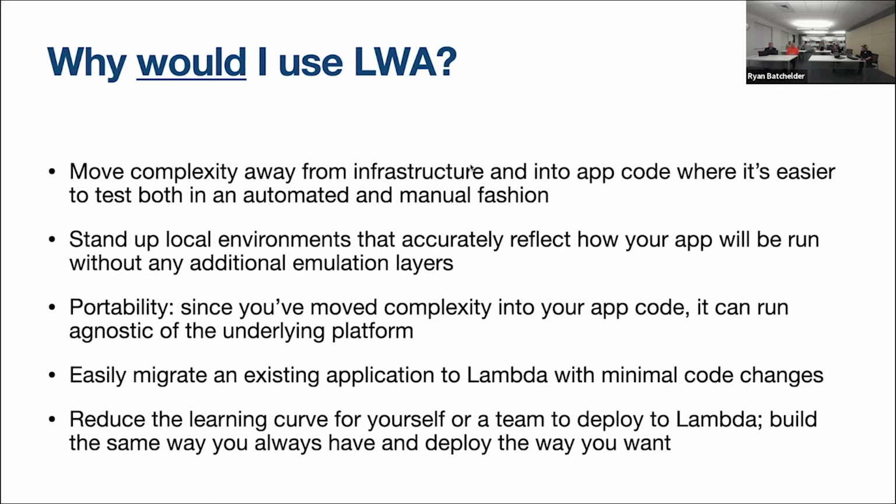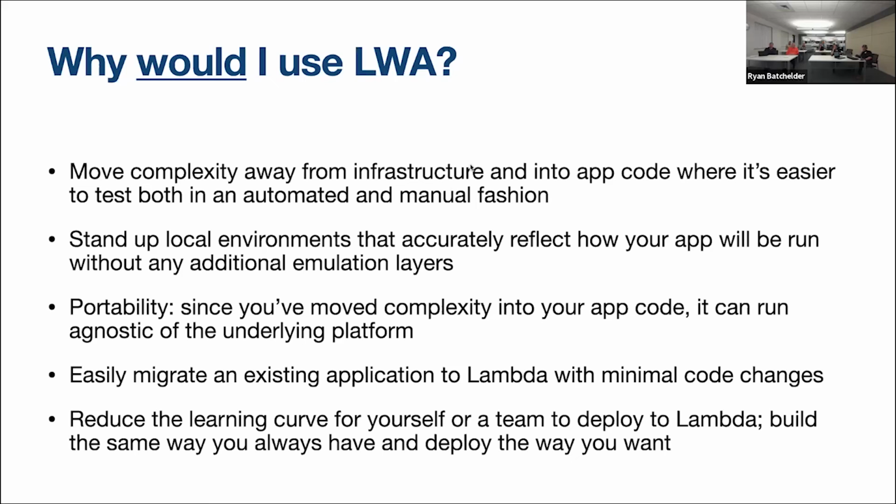I started up my server and used it as it's going to happen in Lambda. You can stand up local environments that accurately reflect how your app will be run without all of those additional emulation layers. So you don't have to learn all the emulation layers if you already know how to build a web app in any of the frameworks you may have been building in before.